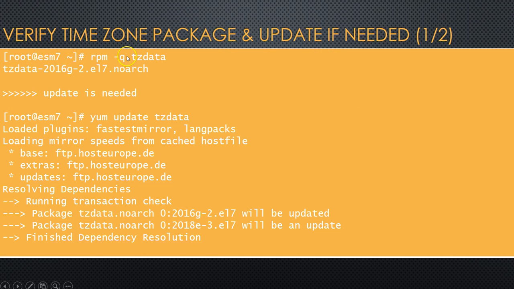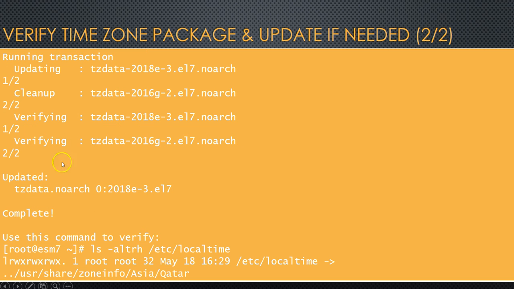Here we verify the time zone package and find it's older than 2017, so we need to update it. We use the yum update command to update it, and here the update is complete. Here is the verification, and we can see that it's pointing to Asia, Qatar, my time zone.